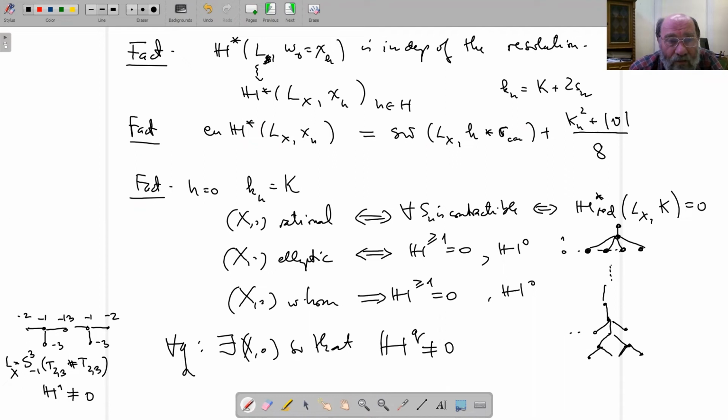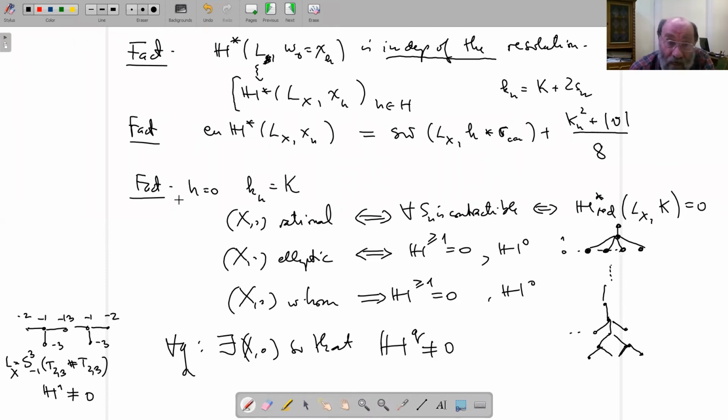That one here is the lattice, and that depends on the resolution. The first fact is that this is independent of the resolution: if I blow up in several points, then these objects are independent of the blow up, so independent of the choice of resolution. So that is just an invariant of the three-manifold and of the spin-c structure indexed by h.